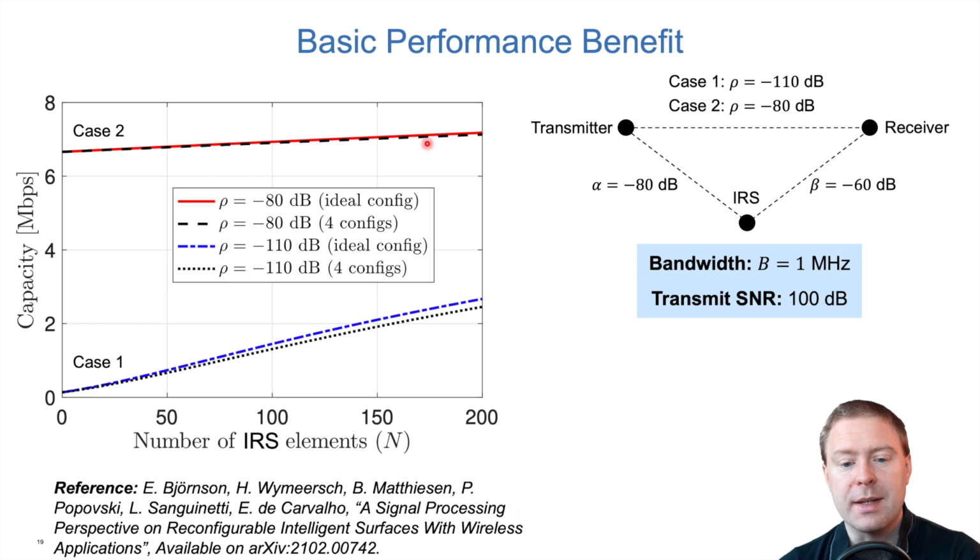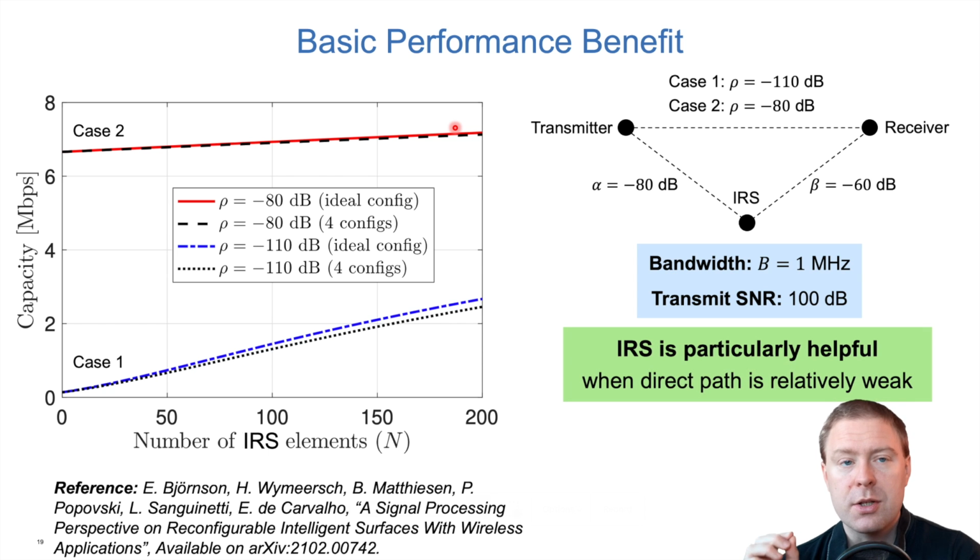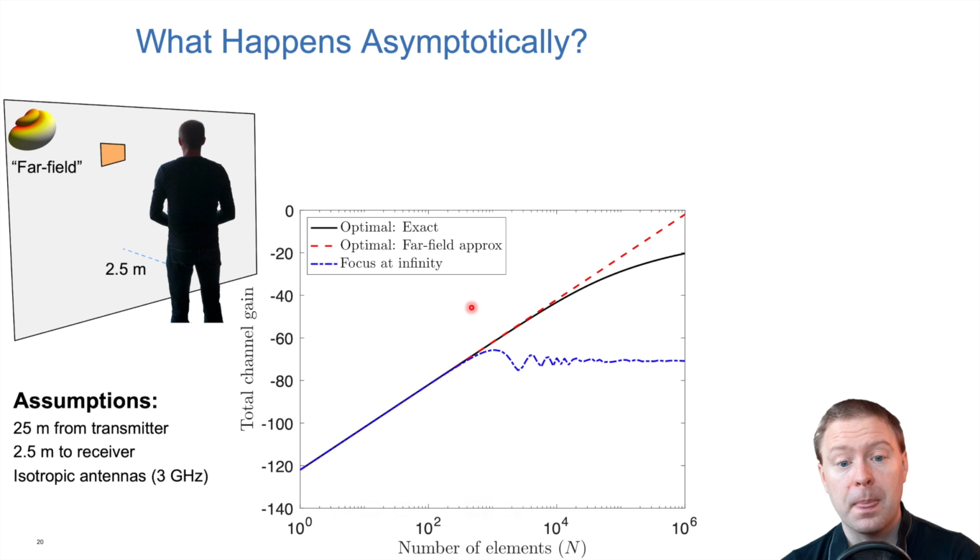And we also see that the benefit of having ideal configuration over 4 configurations is rather small as well, because a lot of the power goes over a direct path. So the IRS is particularly helpful when the direct path is relatively weak, as in case 1. That is the case where we should target using this technology.